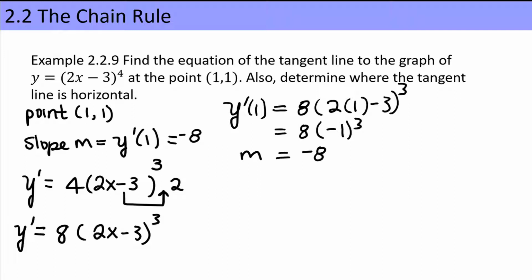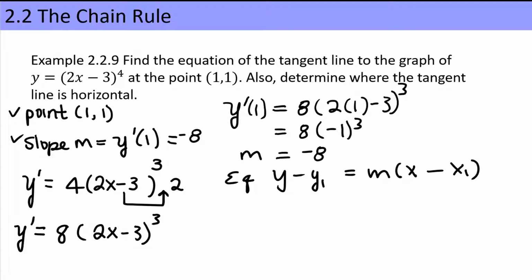Now we'll use the equation of a line. We got the point, we got the slope. Now for the equation, we'll do y minus y1 equals m times x minus x1. Let's fill in the parts. y minus 1 equals negative 8 times x minus 1. And we can clean this up just a little bit.